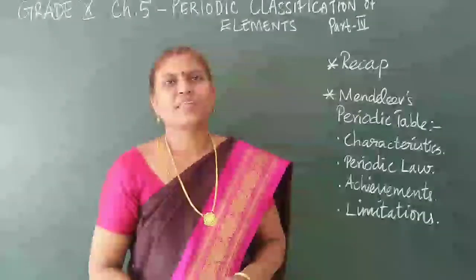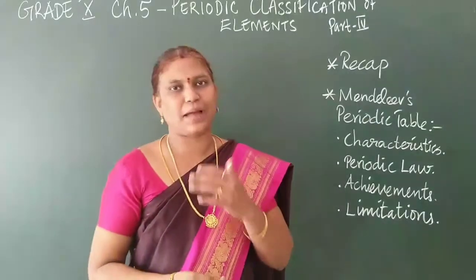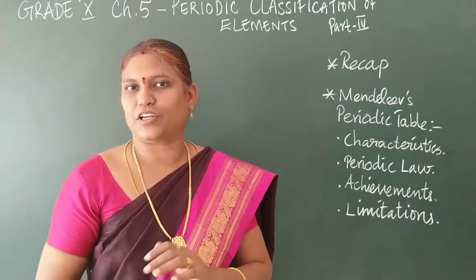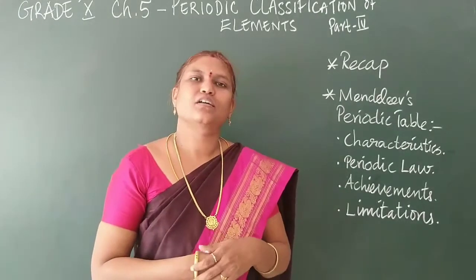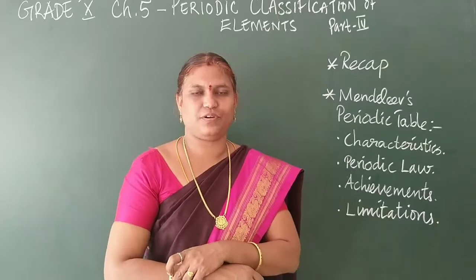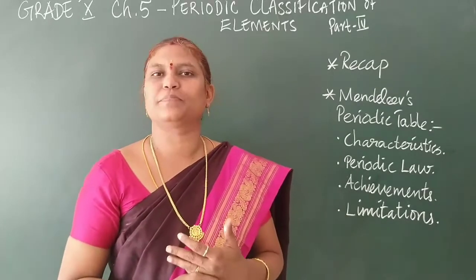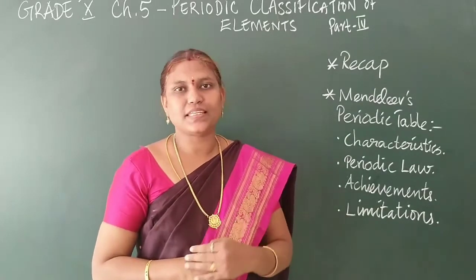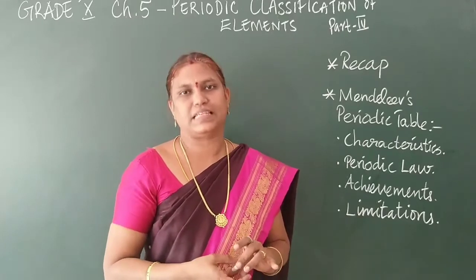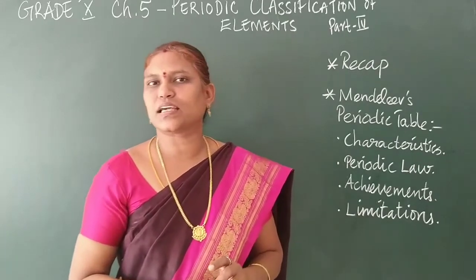Students, we are seeing chapter 5. In the last class we have seen Mendeleev's periodic table. What is the basic criteria of Mendeleev's, what are the things he has chosen?